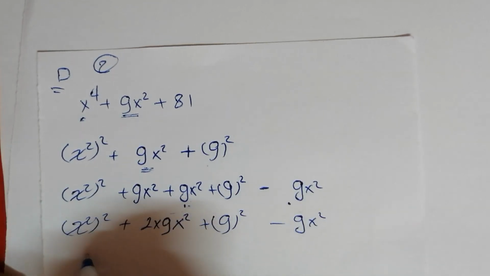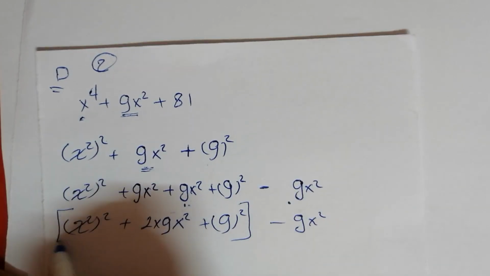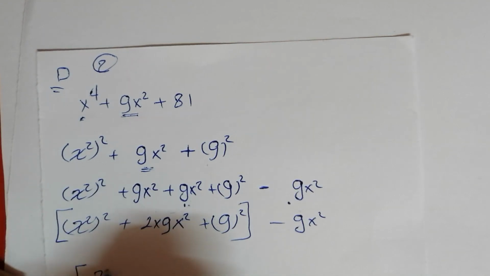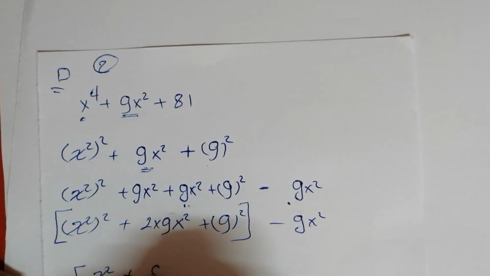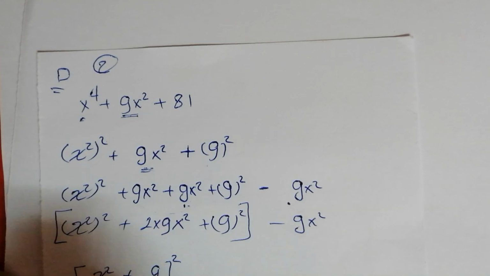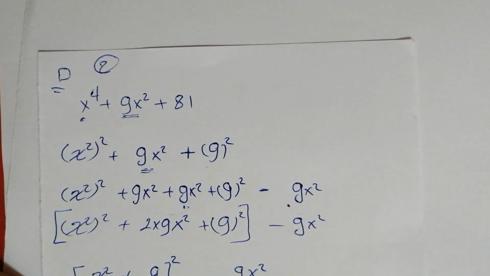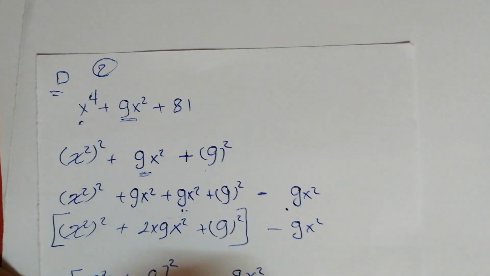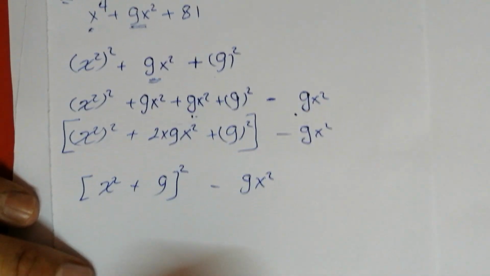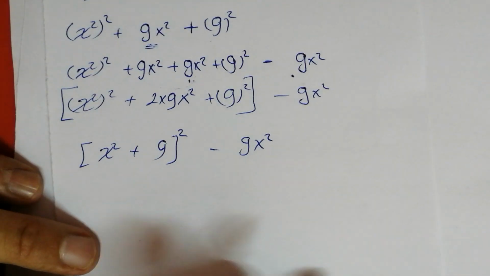And now we're going to factorize the perfect square as we studied before. So it's x power 2 plus 9 all power 2 minus 9x squared. That's very good. So we have another factorization method, which is the difference between two squares.